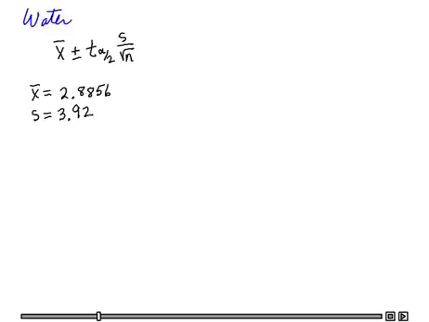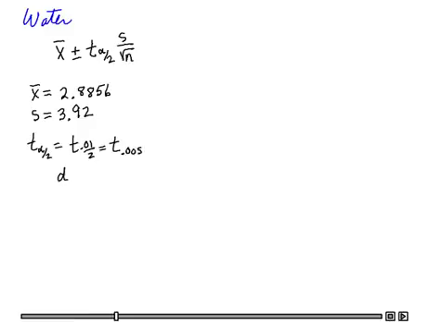And then I think I have all the values I need except for the t value, and my confidence level being 99%, alpha is going to be 0.01, and then alpha over 2 would be t sub 0.005.